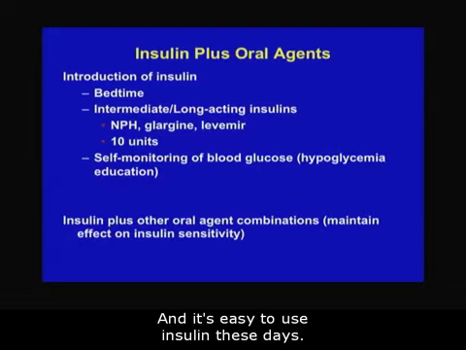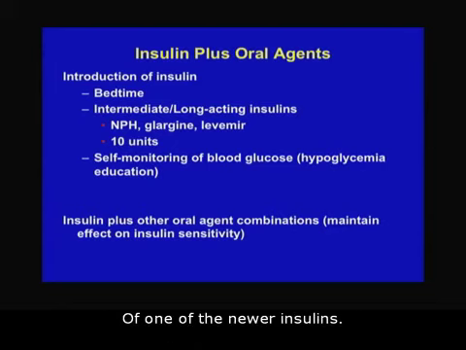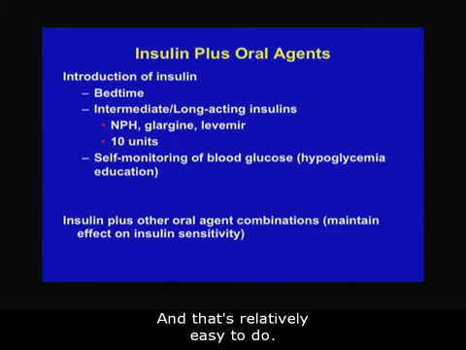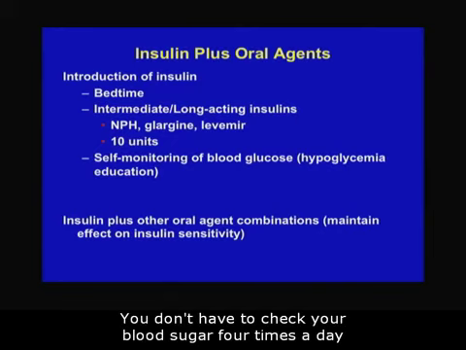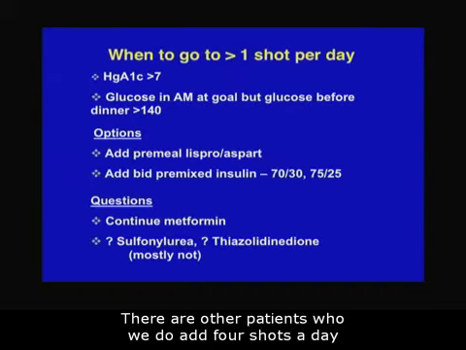And it's easy to use insulin these days. I won't go over this in great detail, but many patients can be treated with one shot a day at night of one of the newer insulins. And that's relatively easy to do. You don't have to check your blood sugar 4 times a day or take 4 shots a day. But there are other patients who we do add 4 shots a day.